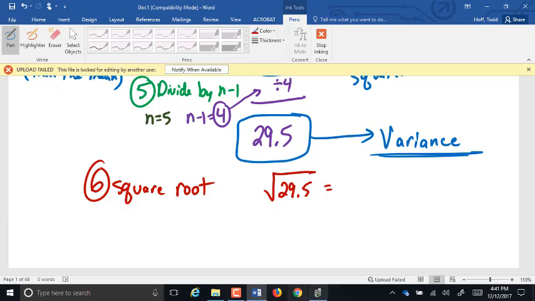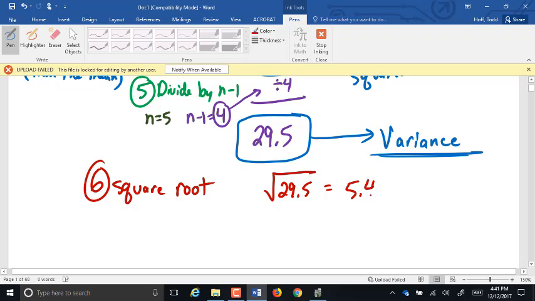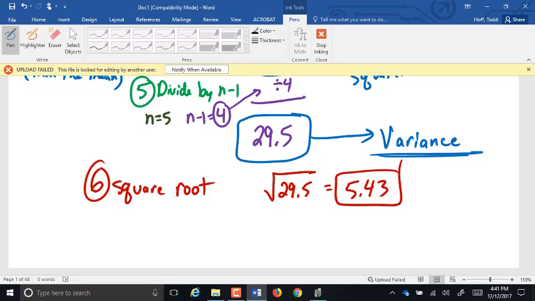Square root of 29.5 is going to be 5.43. That's not a process we want to repeat a whole lot.